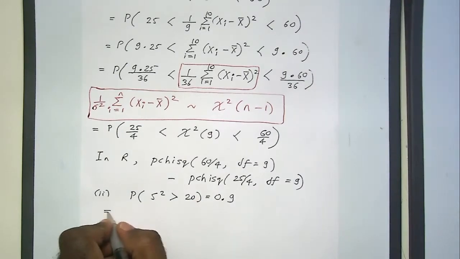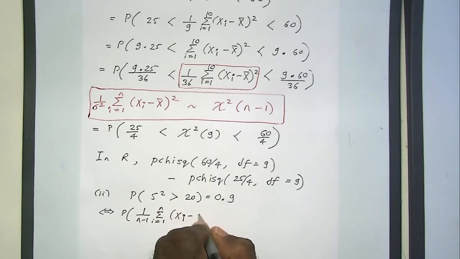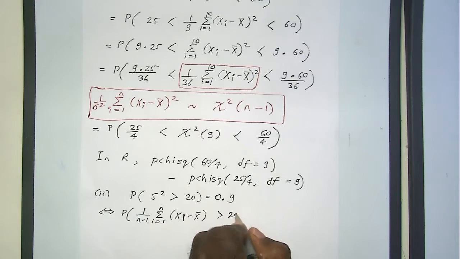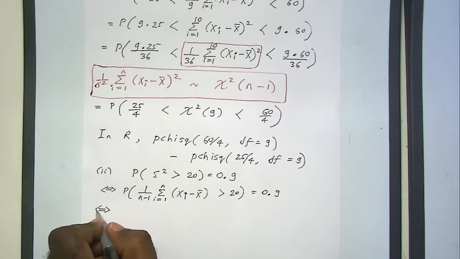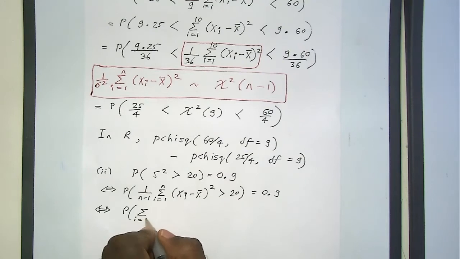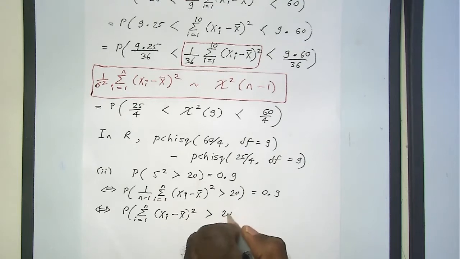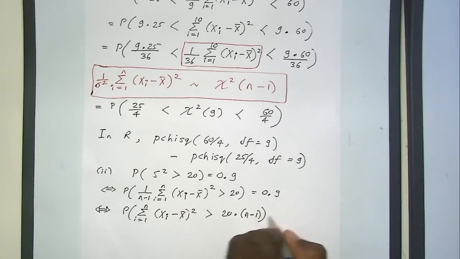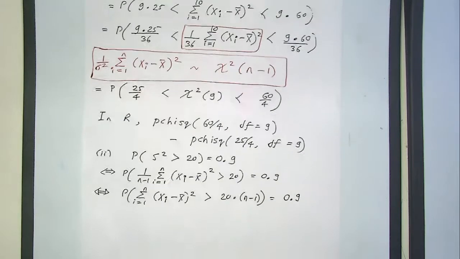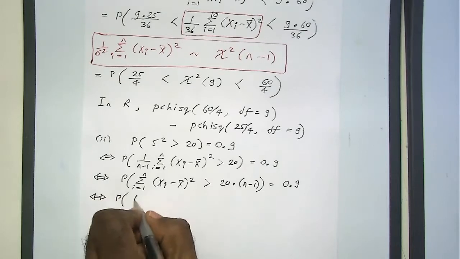Okay, which is the same as saying... and next I'm going to divide by sigma squared on both sides. So sigma squared we know is 36.